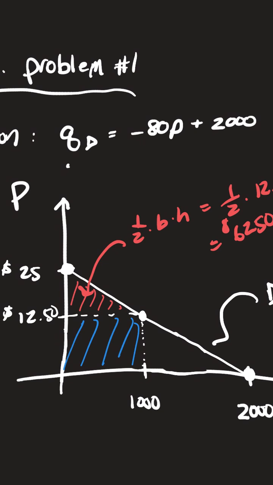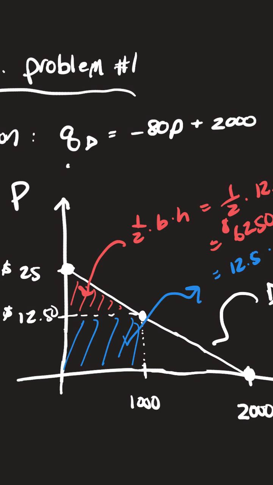So the area of the blue part here is going to be just a rectangle, so that's the length times the width. So the length is 1,000. The width or the height is 12.50. So this blue area is just going to be equal to 12.5 times 1,000, which equals 12,500.